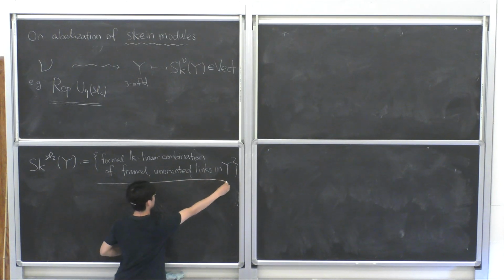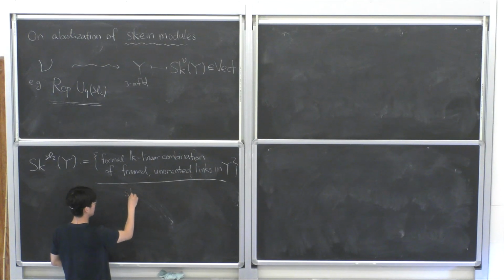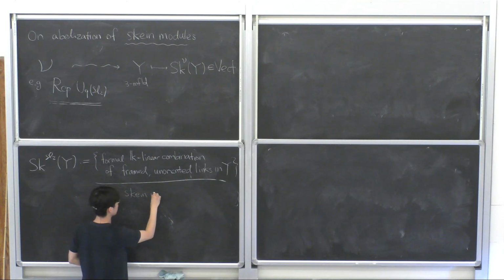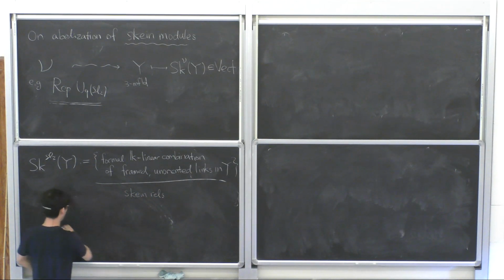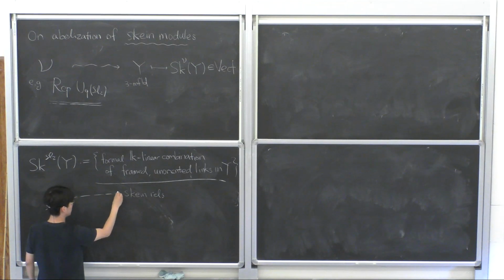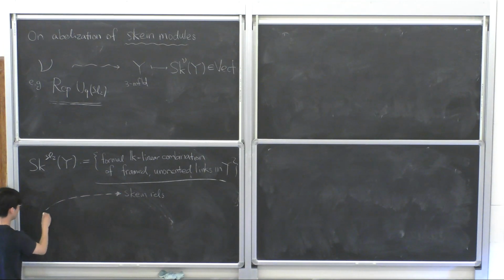But we consider it modulo the so-called Skein relations. And the Skein relations in this SL2 case are given as follows. You're probably familiar with this if you're familiar with Jones polynomials.